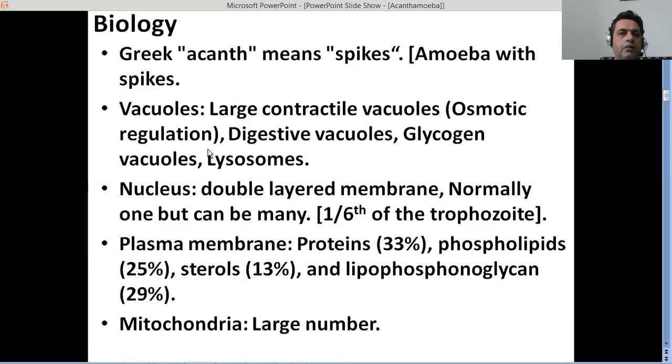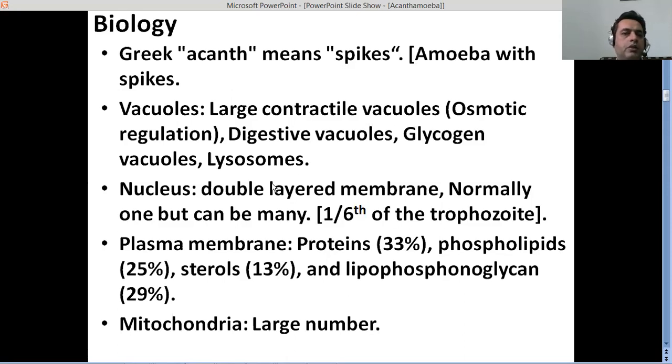And these are typical eukaryotic cells. They have specialized structures, membrane-bound structures, just like different vacuoles. Different vacuoles are like large contractile vacuoles for osmotic regulations. They have digestive vacuoles. They have glycogen storage vacuoles, and they have lysosomes.